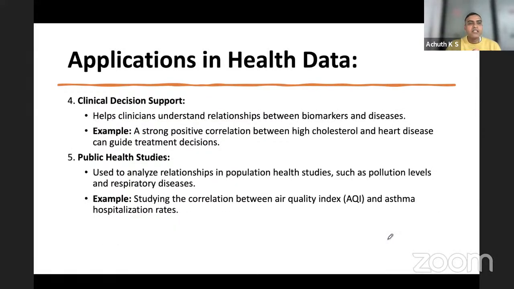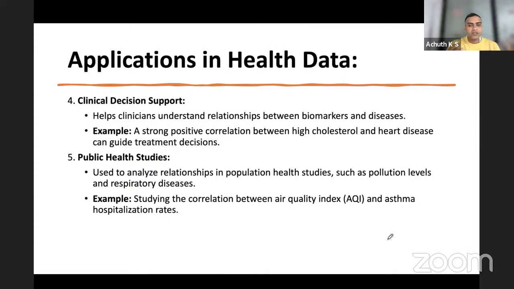Next, we have clinical decision support. A strong positive correlation between high cholesterol and heart disease can guide treatment decisions. Public health: studying the correlation between air quality index and asthma hospitalization rates.